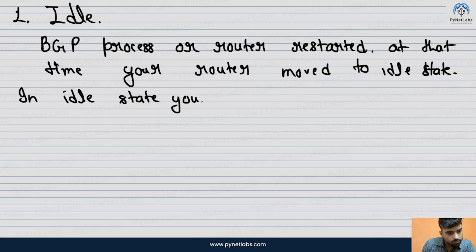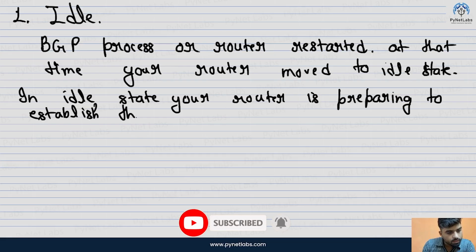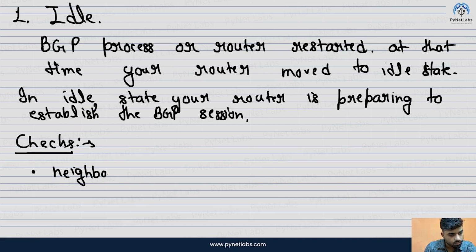In the idle state, your router checks a few things. Let's talk about what the idle state checks. First of all, it checks the neighbor configuration.